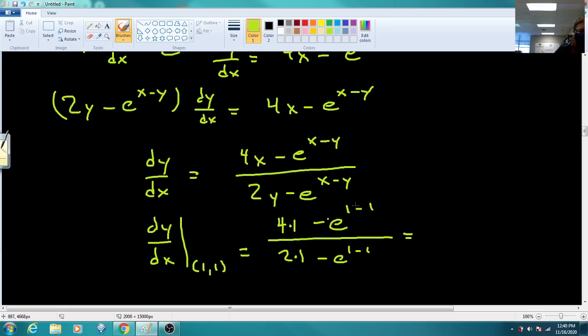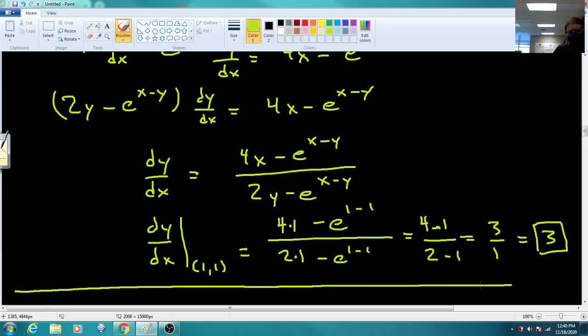See, e to the 0 is 1, so this equals (4 minus 1) over (2 minus 1). That is 3 over 1, which is 3. So the slope of the line tangent to the graph at the point (1, 1) happens to be 3 in this example.